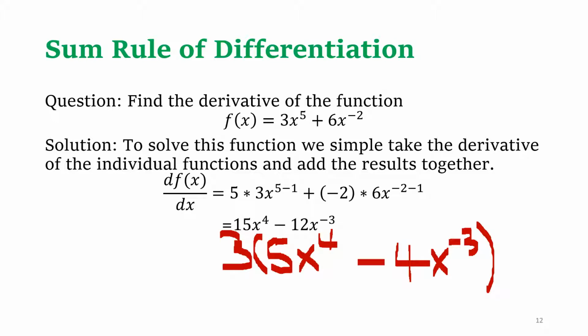So we have 3 into 5x to the 4 minus 4x to the minus 3. So that's the answer, right? So when you simplify, that's the answer, okay? Okay, let's move on.